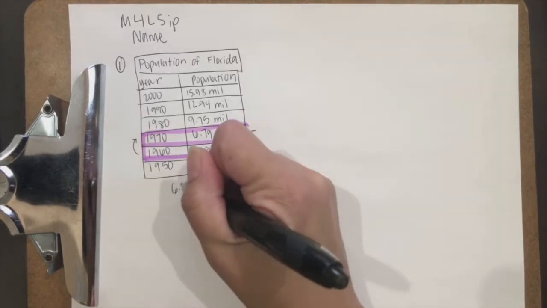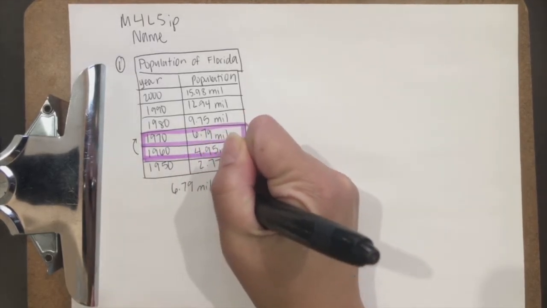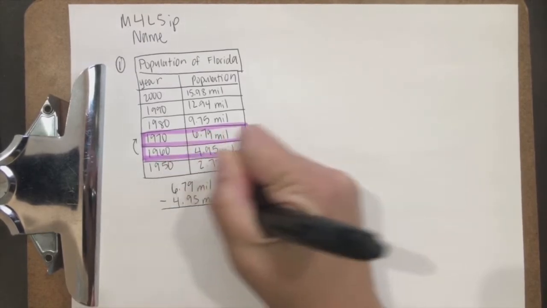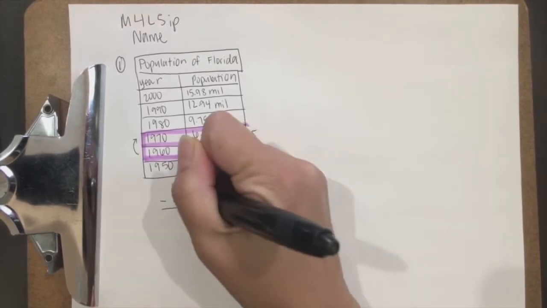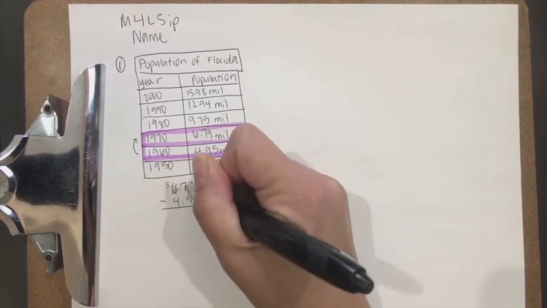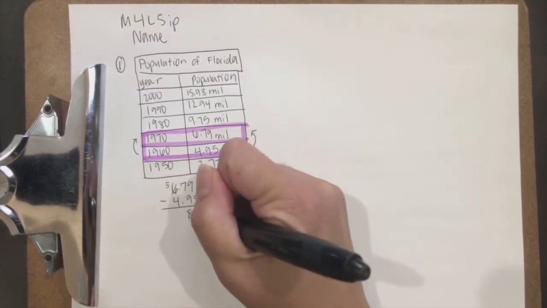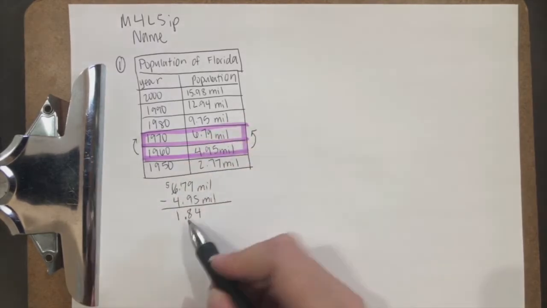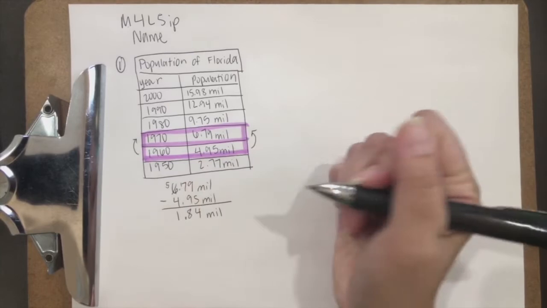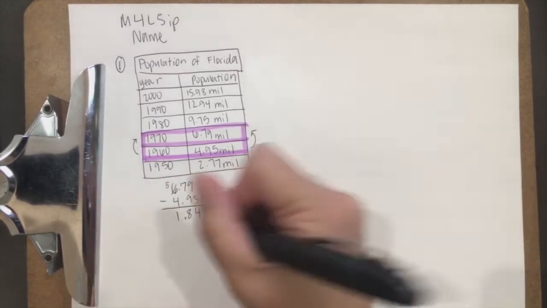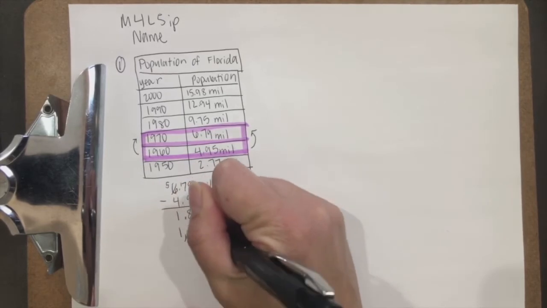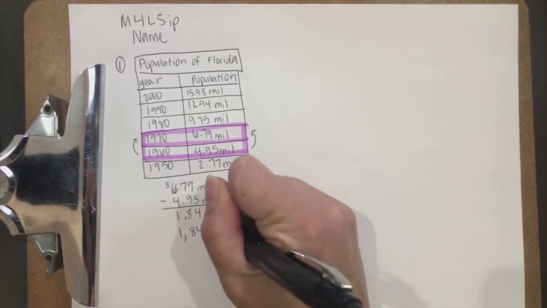So 6.79 million minus 4.95 million is 1.84 million. If I write that out, that's 1,840,000.